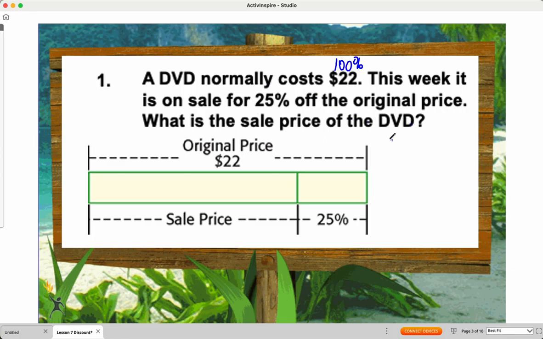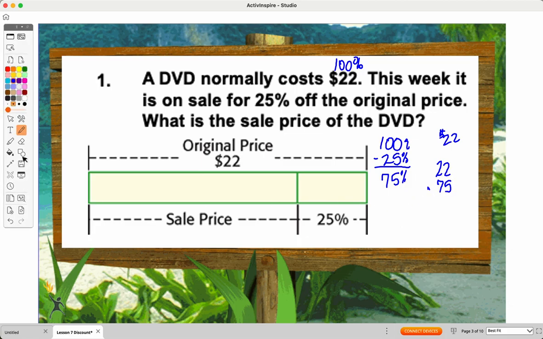Instead of paying 100%, which is $22, I'm going to remove 25% of that cost. So I'm only going to pay 75% of my original value, where I'm going to say, okay, 22 times 75%.